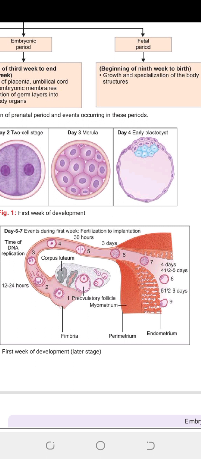It is known as apposition. Then it adheres to the uterine cavity, known as adhesion. And finally, the invasion is due to enzymes, proteinases. This all occurs during the first week.